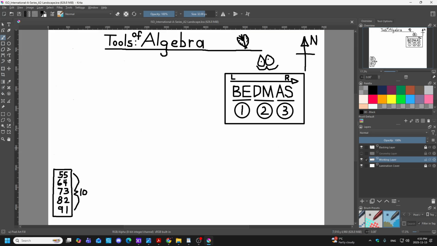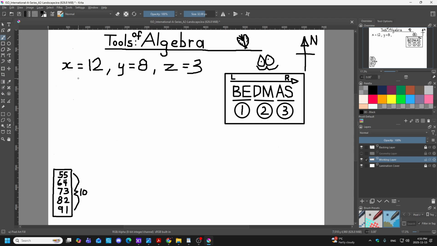All right, number 37. Evaluate each expression, excuse me, if x is equal to 12, okay, we have givens, okay, x is equal to 12, and y is equal to 8, z is equal to 3.